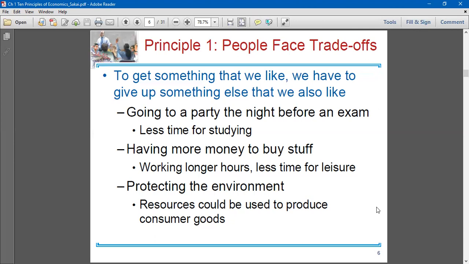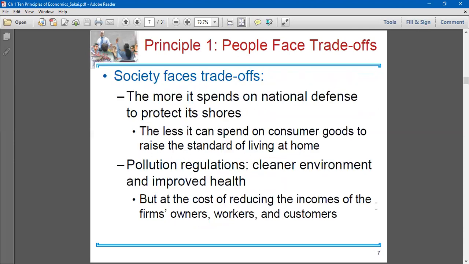Now, as I was saying, the society too will face trade-offs. If individuals are facing trade-offs, the society too will always face trade-offs. Take a country like Afghanistan. You see that there's normally war there. So in a country like that, they will spend more resources on national defense. They'll be doing things to protect their country.